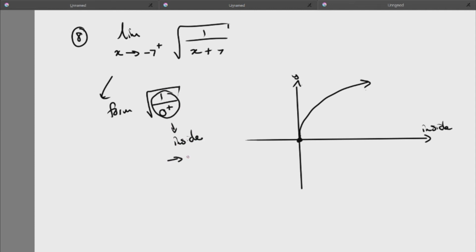The inside approaches positive infinity. So in a square root where the inside keeps growing, what does the answer do? Positive infinity. It keeps going up. So positive infinity. Does that limit exist?